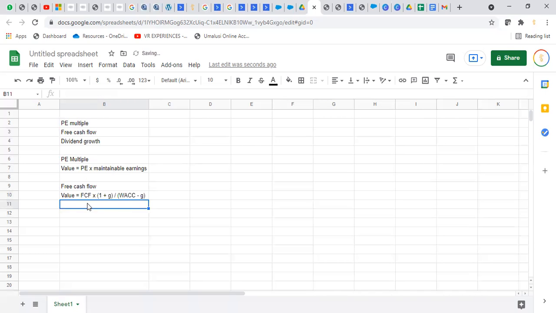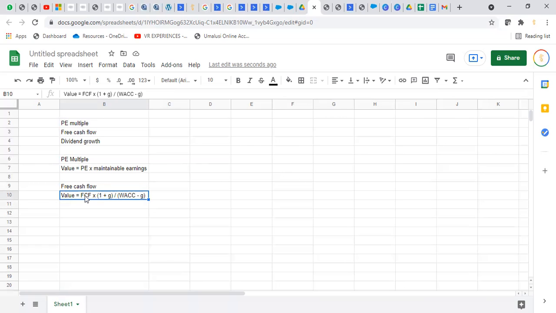What you're going to notice is you're going to need a free cash flow number. They will give you a free cash flow number, or they'll give you a profit number, and you will have to make adjustments to get to a cash flow number.